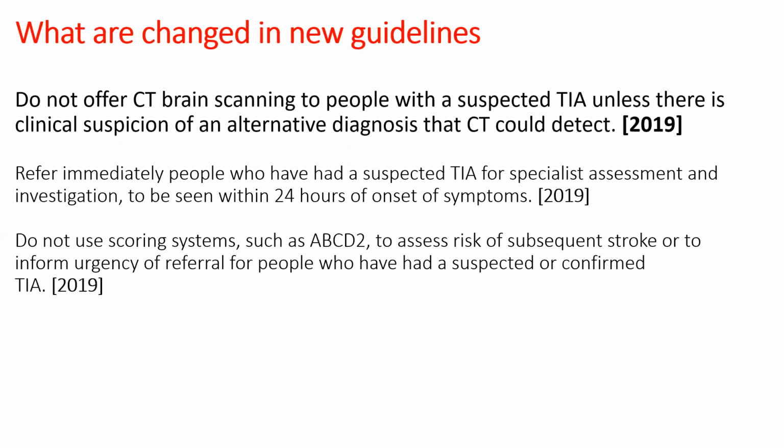Last point, don't use a scoring system such as ABCD2 to assess the risk of subsequent stroke or to inform the urgency of referral for people who have had suspected or confirmed TIA.